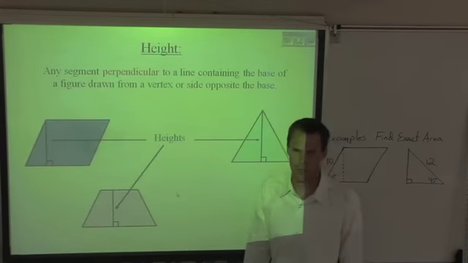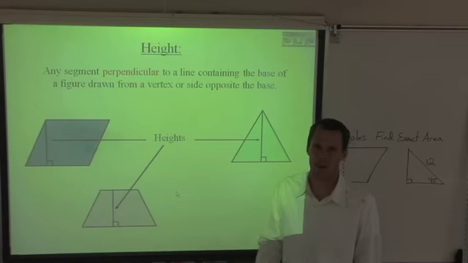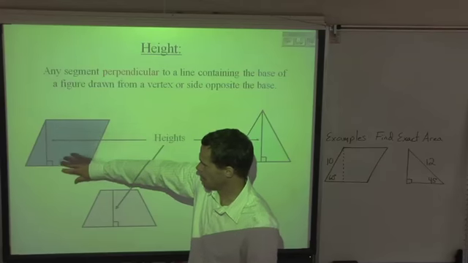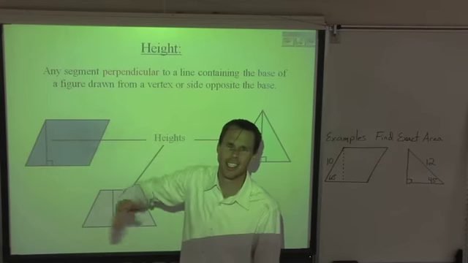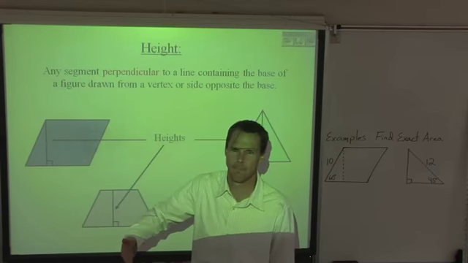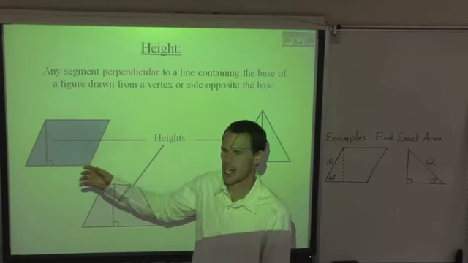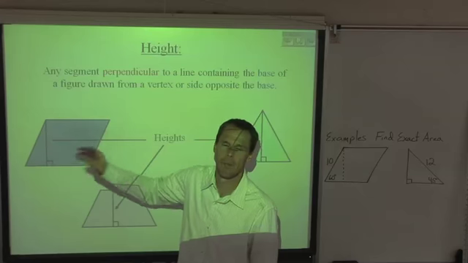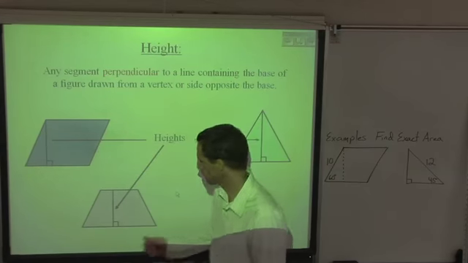Here are some examples of height that we want to write down before we start studying these shapes. In a parallelogram, a height is the distance between parallel sides. That's not written on this slide, so I'll say it again. The height is the perpendicular distance between the parallel sides.